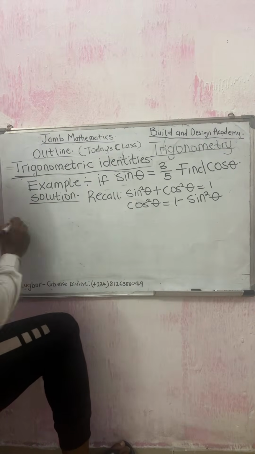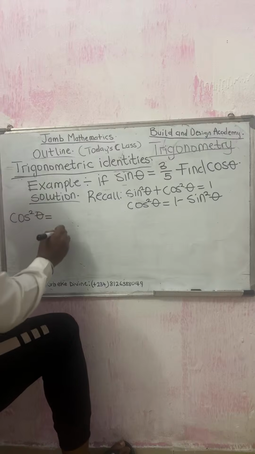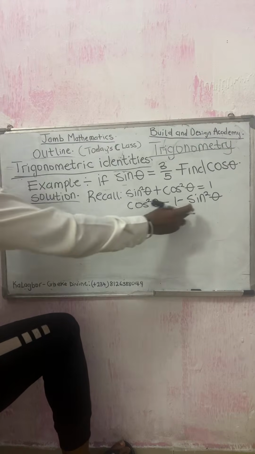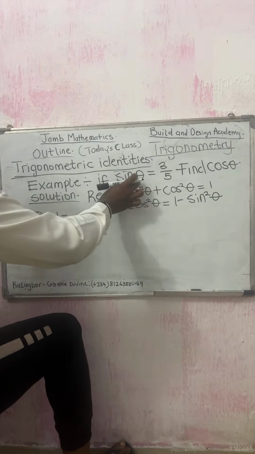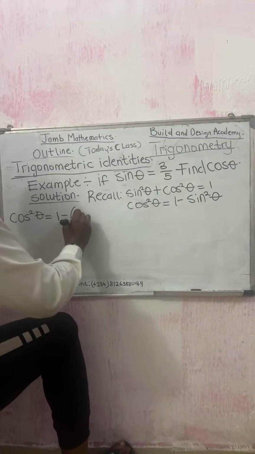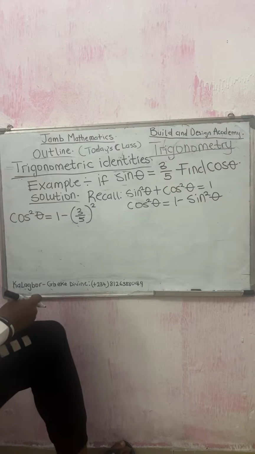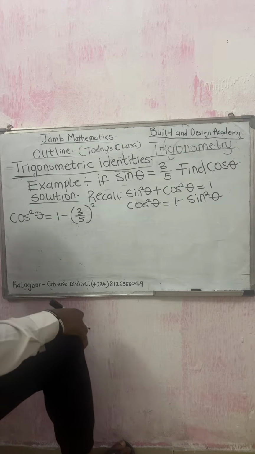Since you're looking for cos, let's just solve directly. Cos square theta is equal to 1 minus sin square theta, which is sin theta times sin theta. Our sin theta is 3 over 5, which is 3 over 5 square, which is 3 over 5 times 3 over 5. Now we have done this.